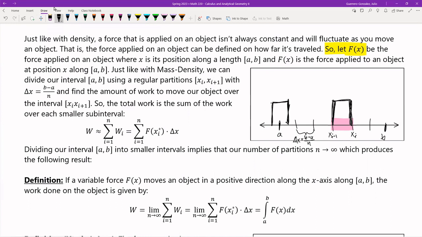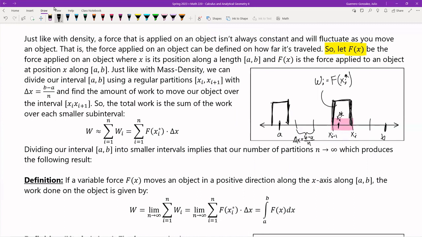If we take a look at that, that's going to be the ith amount of work. It's going to be equal to the force at some x_i star that has to belong in here. You guys remember that x_i star.